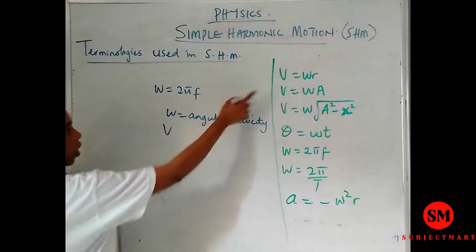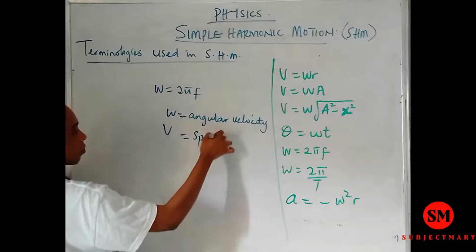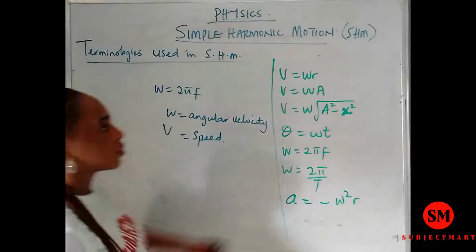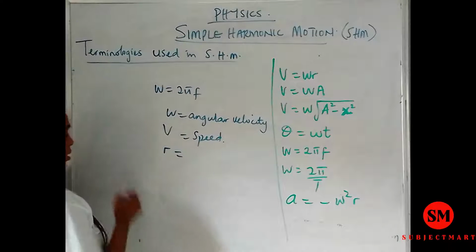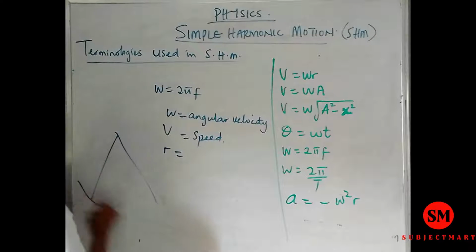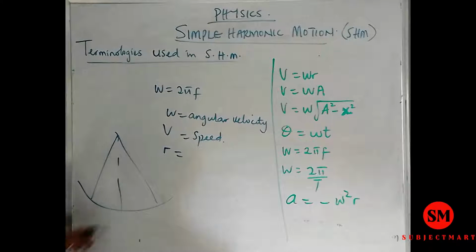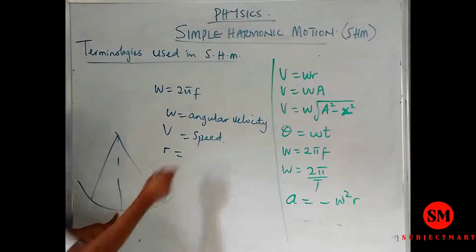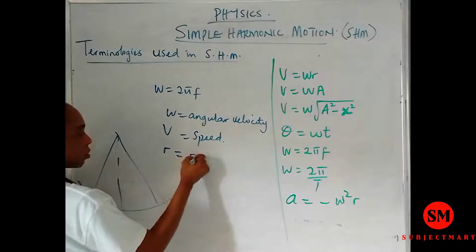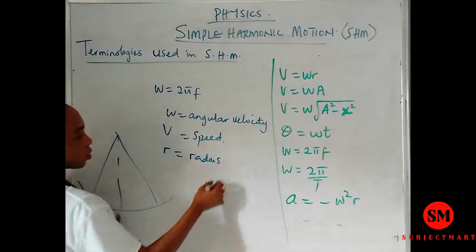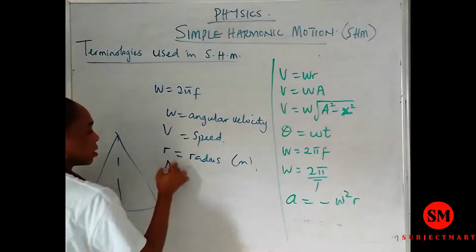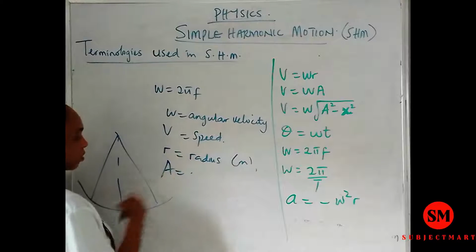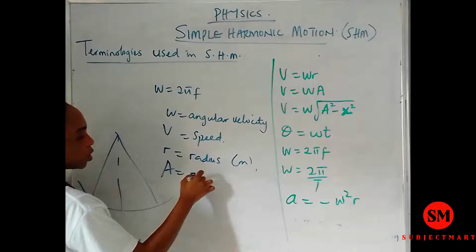V here is the speed. Now the R is the distance. I said that we have a midpoint. The distance away from the midpoint is the radius. Radius of distance away, and usually it's in meters. Then A is the maximum displacement from the center, which is the amplitude.